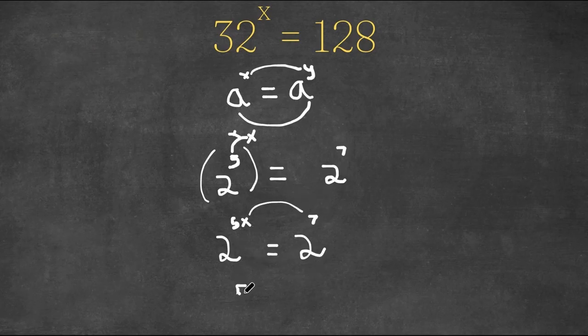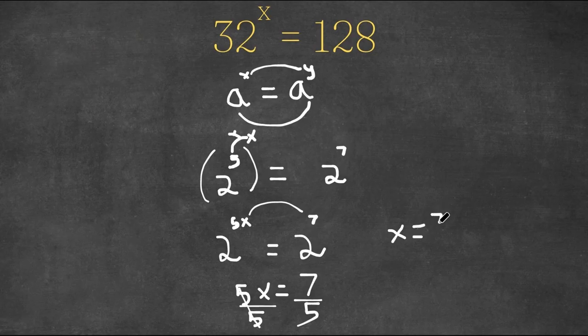So this means that 5x equals 7. Now, if we divide by 5 on both sides, these two cancel out, and we get x equals 7 over 5. And this is our answer.